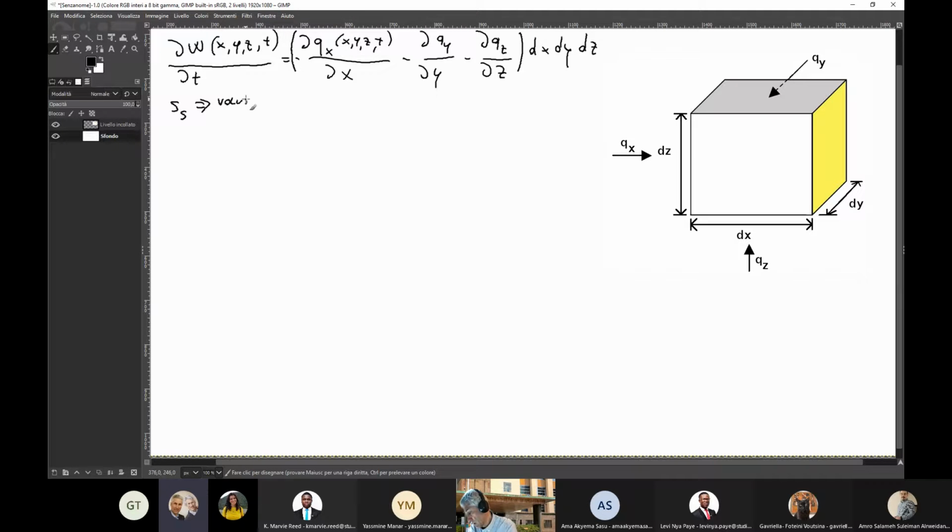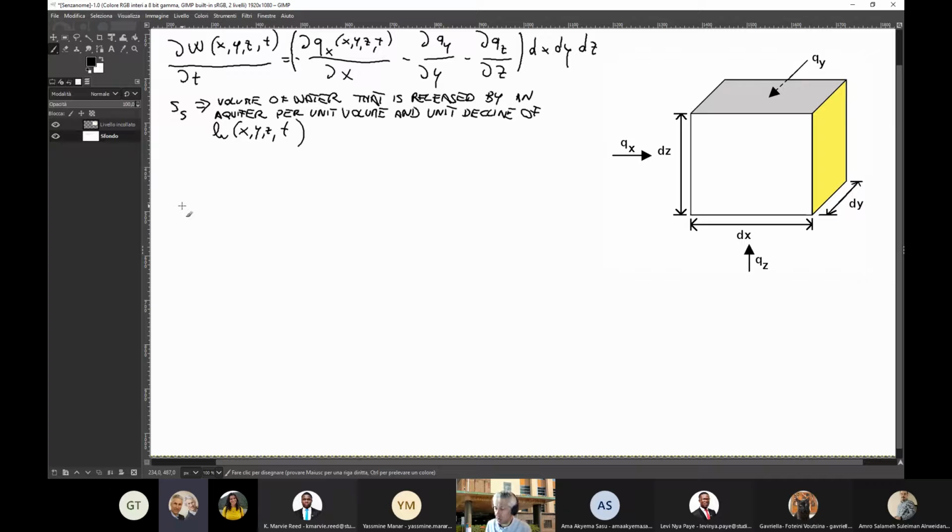SS is the volume of water that is released by an aquifer per unit volume of the aquifer and unit decline of the hydraulic head, which I indicate with the symbol H, which depends, of course, on the 4 coordinates.